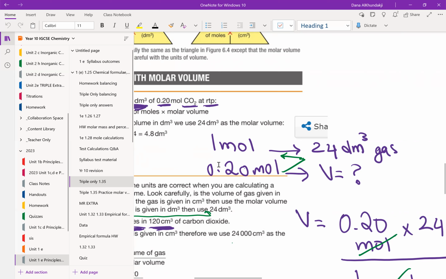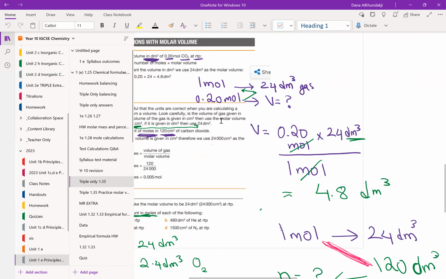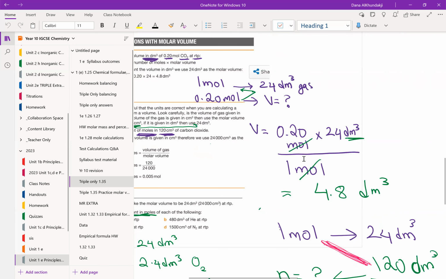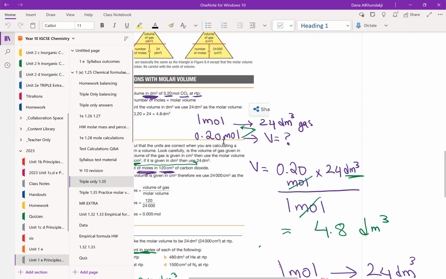If I had 0.2 of it, how much volume would that mean? By cross multiplication, 0.2 times 24 over 1. The units cross out, and then you get your final answer in cubic decimeters. So simply like that. All you need to do is just align the units underneath each other.